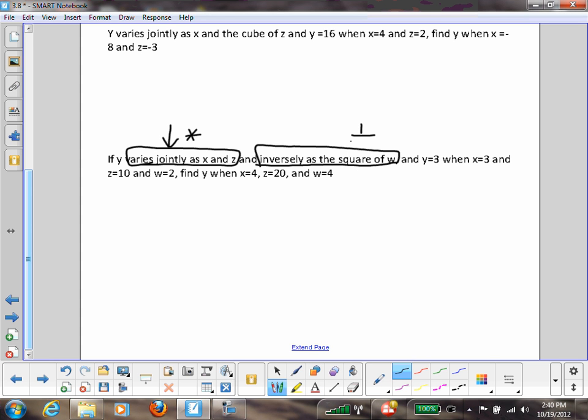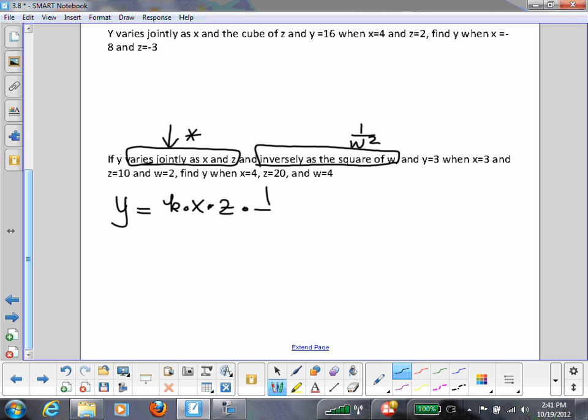So it's 1 over, in this case, w squared, isn't it? Because it's the square of w. So let's put this together. y equals k times x times z times 1 over w squared, right?